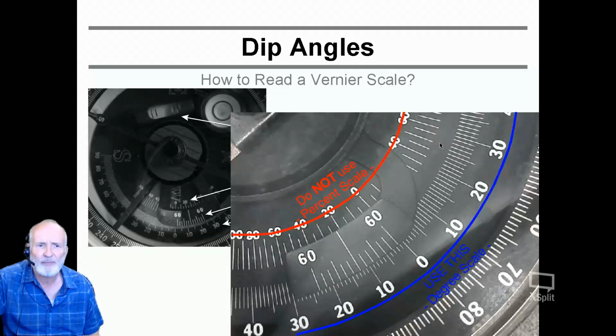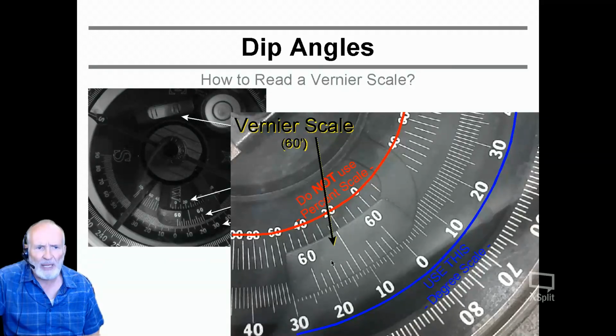Okay, so that little beast right there, it looks kind of strange like a butterfly, is called the vernier scale in 60-minute designation. So right here would be half a degree, or 30 minutes, and 60 would be 1 full degree. It's the arc minutes.